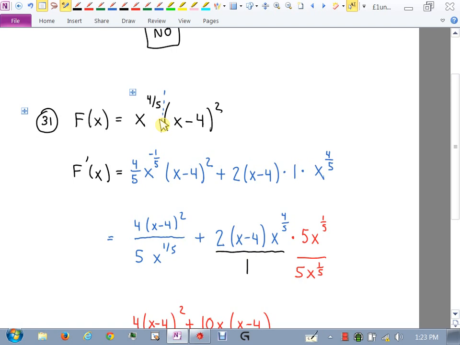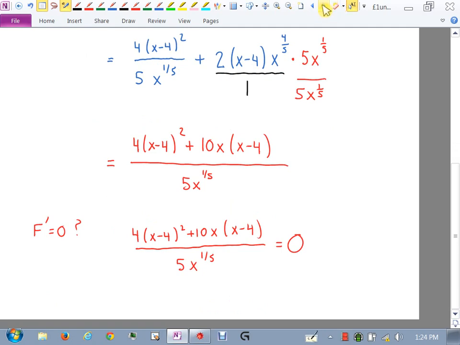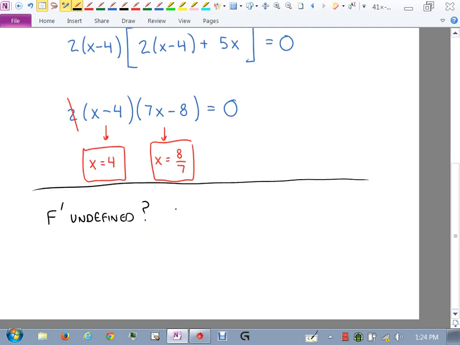It's very important because if the original function wasn't defined at 0, then we wouldn't care that 0 is a problem right now because 0 wasn't even allowed to begin with. But 0 is allowed into the original function, so we have to consider it. So my conclusion here is yes, at x equals 0. So that's my third critical number.